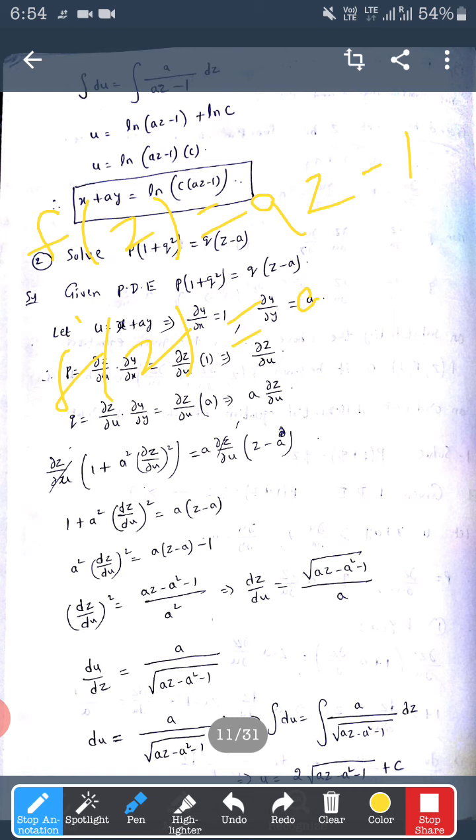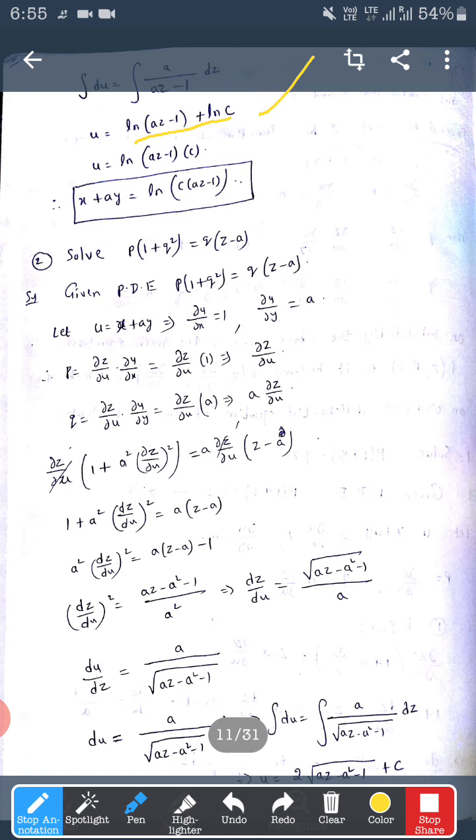That's why this is of the form integral f dash of z by f of z dz. We apply the formula integral f dash of x by f of x dx is log f of x. So log (az minus 1) plus log c. Here log m plus log n becomes log of m times n. Therefore u is equal to log of (az minus 1) into c.